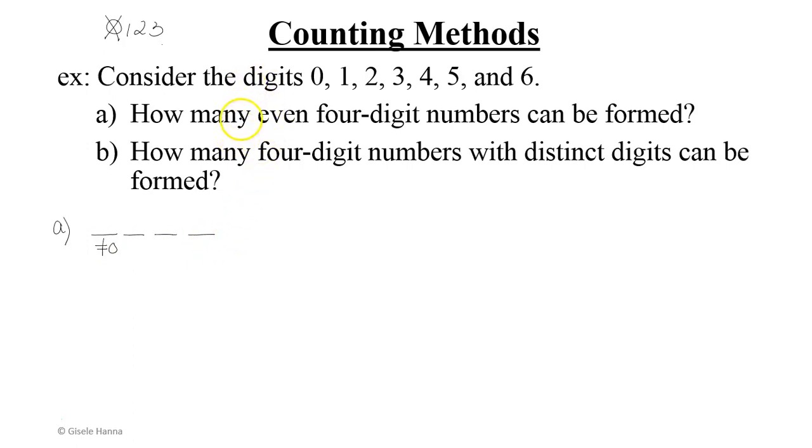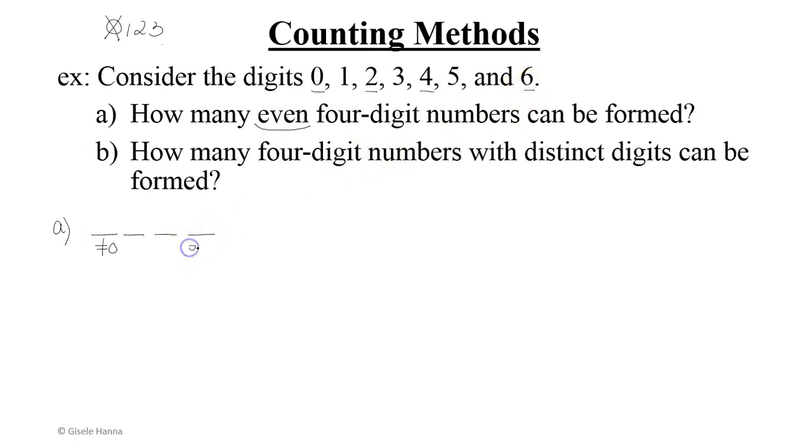Since I have an extra condition that the numbers have to be even, whenever you have a restriction, always start from that restriction. So when is a number even? A number is even when it ends with an even digit. What are the even digits in this list? 0, 2, 4, and 6.